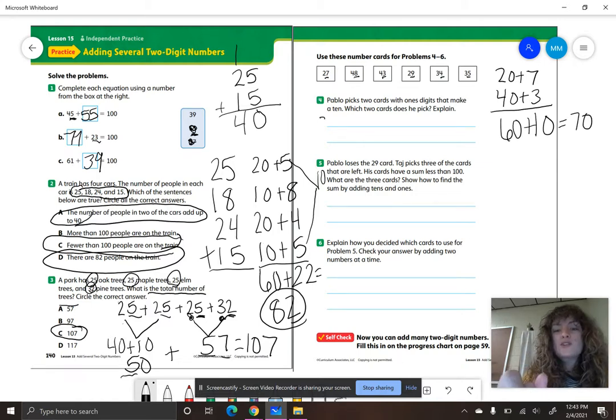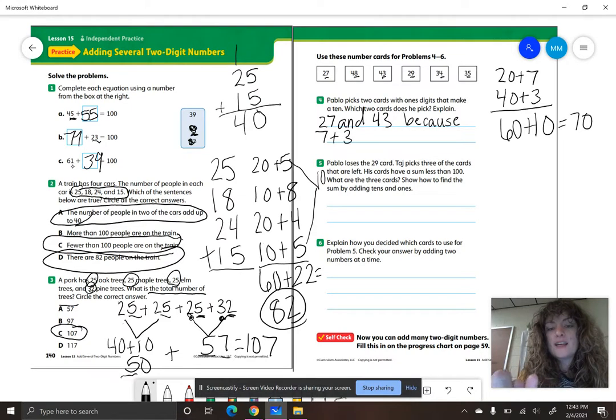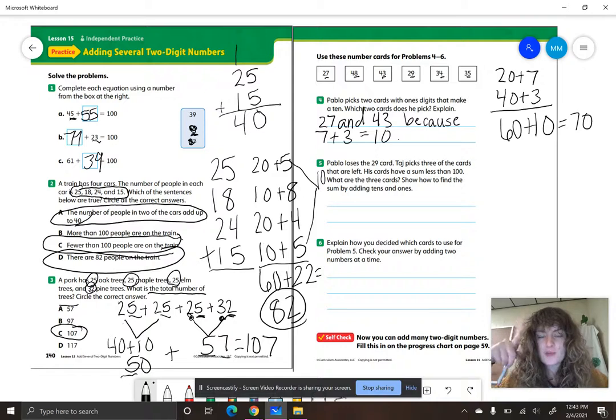So we would add 27 and 43. Why did we add those 2? What made 10? 7 plus 3. So we say 27 and 43 because 7 plus 3 equals 10. Now, if you're one of my smarties, you better be explaining your work, okay? If it asks you to explain, that means they want you to use your words, not just show the answer.